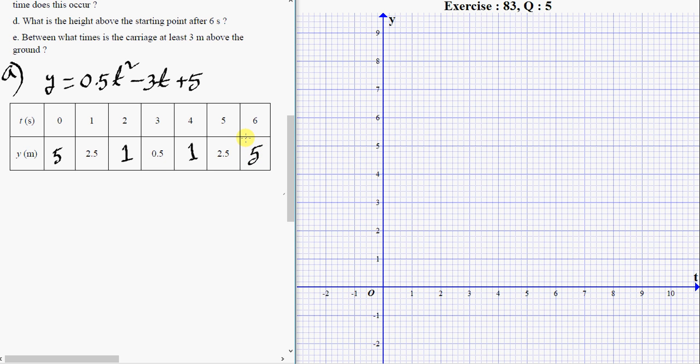Now we have to plot these points on the graph paper.